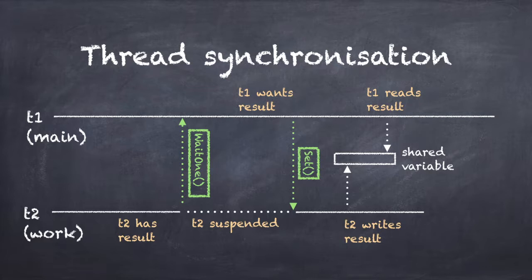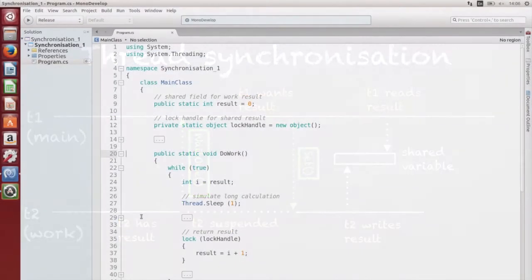So now the work method patiently waits behind the turnstile until the main program thread inserts a ticket to indicate that it is ready. The turnstile then opens, allowing the work thread to write a result into the shared variable.